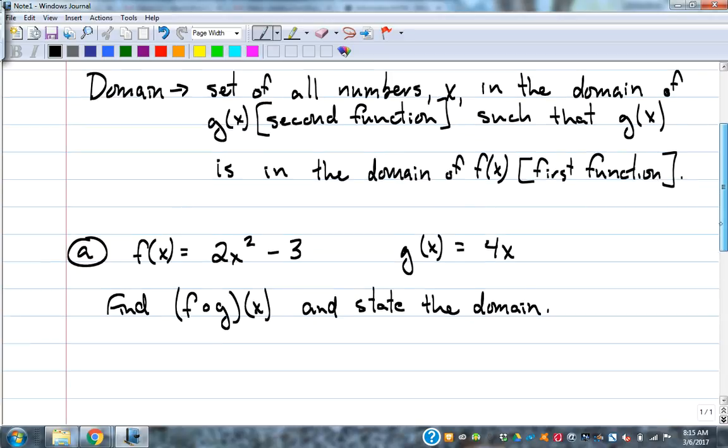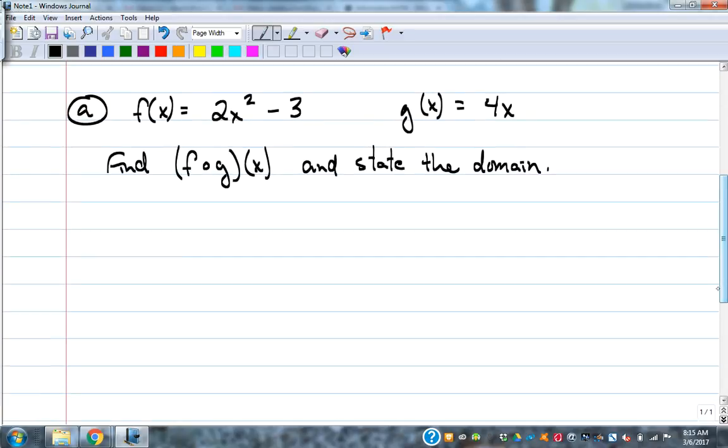So one of the things you want to do here is find the domain of f of x, and then also find the domain of g of x. And then we're going to use those to find the domain of that composite function. And then we'll actually find the composite function.